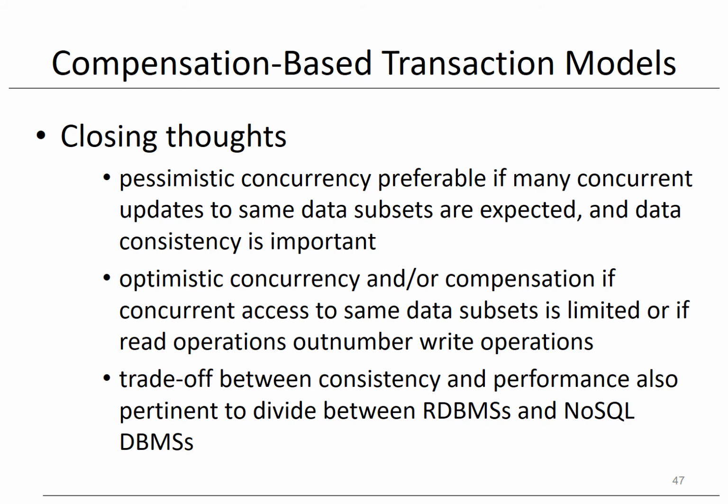In other situations, one will be prepared to sacrifice a certain measure of consistency if this improves throughput, data availability, and scalability. There, optimistic concurrency and/or compensation can be considered, especially if the concurrent access to the same data subsets is rather limited or if the read operations largely outnumber the write operations.